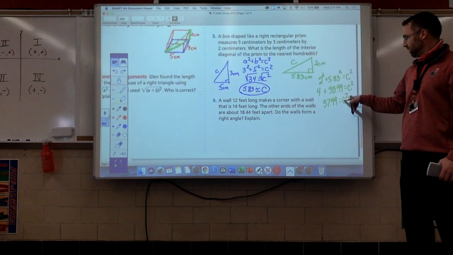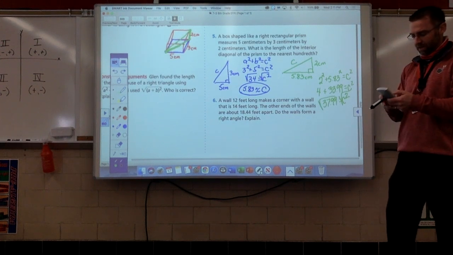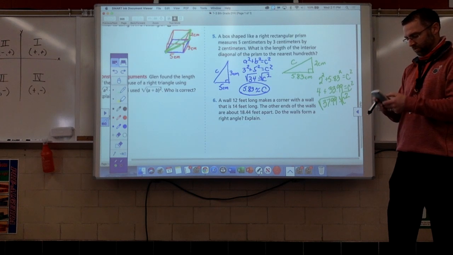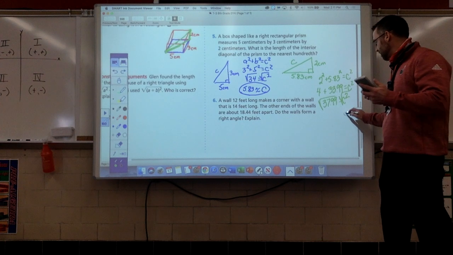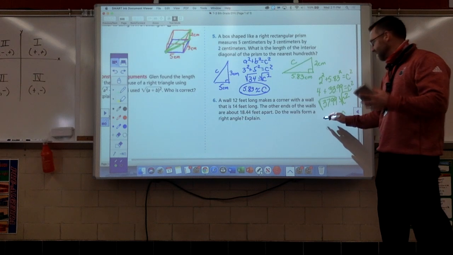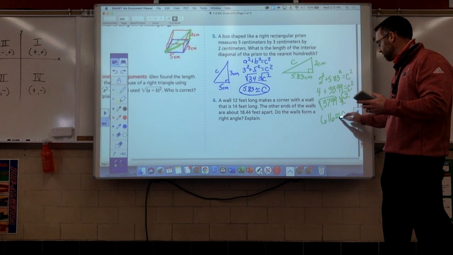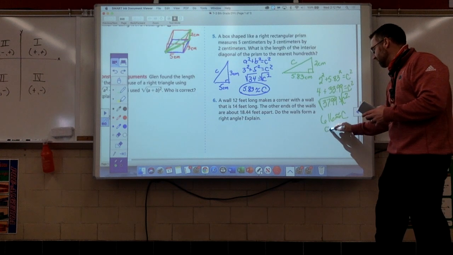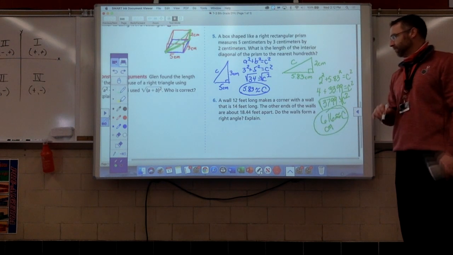Final thing: find the square root of 37.99. This comes out to be approximately 6.16. Remember, approximately has the wavy equal sign. We are talking about centimeters. Bingo. There you go.